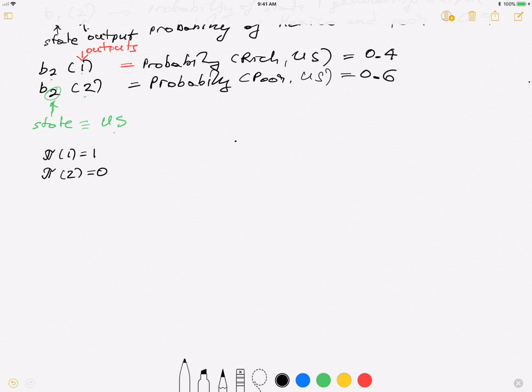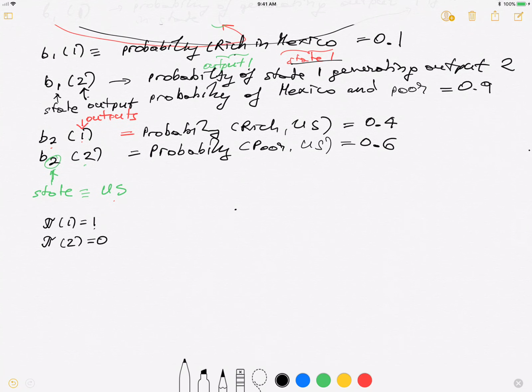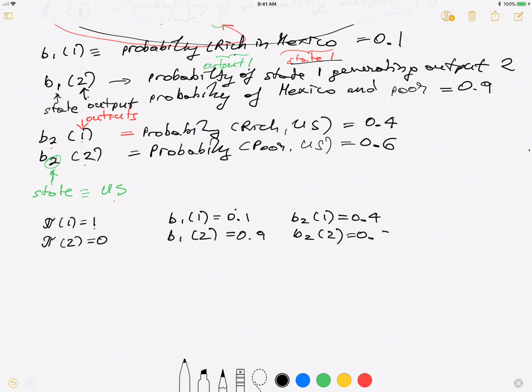Initial state, if we are in Mexico, probability of initial state is 1, otherwise is 0. I can write concisely B11 is equal 0.1, B12 is 0.9, B21 is 0.4, and B22 is 0.6.